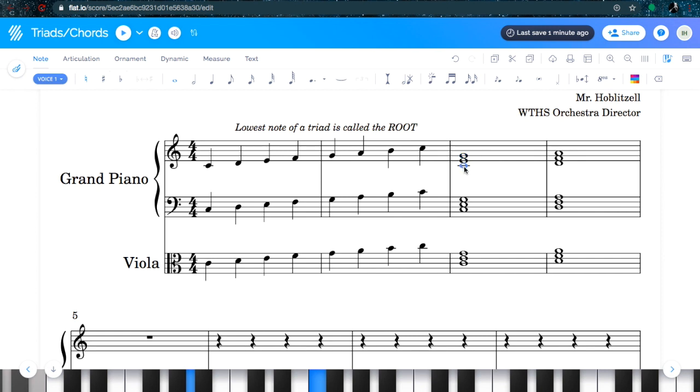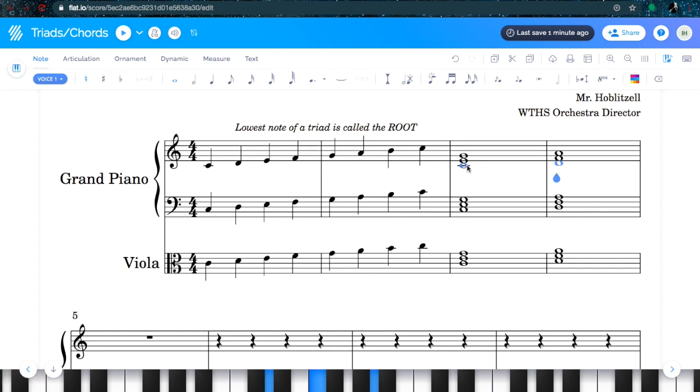So the formula, or the recipe, if you like, for this C major triad is starting on C, a major third above it, which is E, and then a minor third, which is G. So for any major triad, or any major chord, from the root note going above it, we have first a major third, and then a minor third. So that is how you construct or build a major triad. So first, whatever your root note is, you have to go a major third above it, and then a minor third.